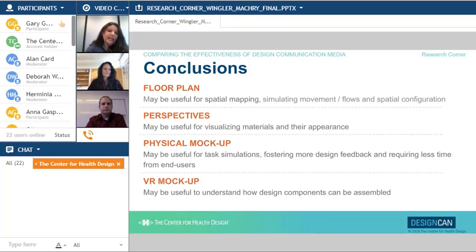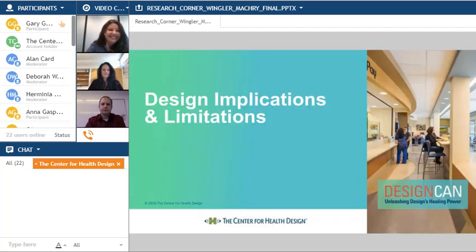And physical mock-ups really are useful for task simulations, and they really do foster more design feedback and also require less time from end users, which we know, especially clinical end users, it's hard to get their time. And then the VR mock-up may be more useful to understand how design components can be assembled. And now I give it back to Deborah.